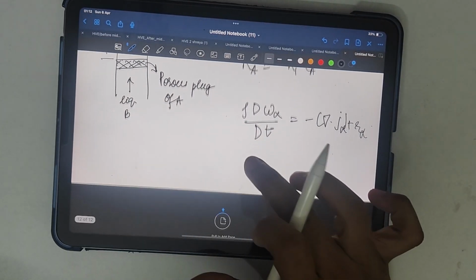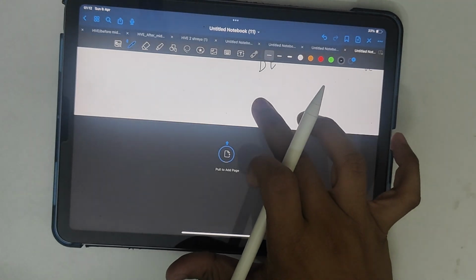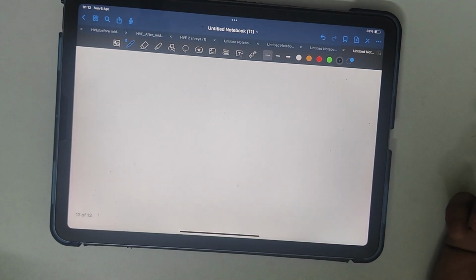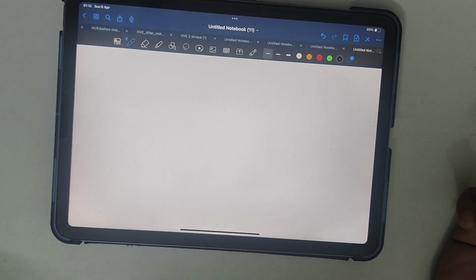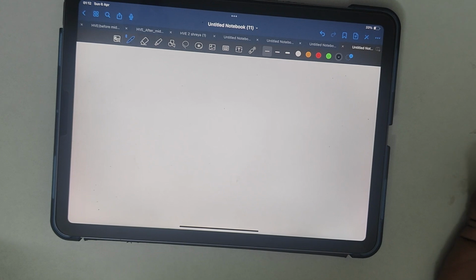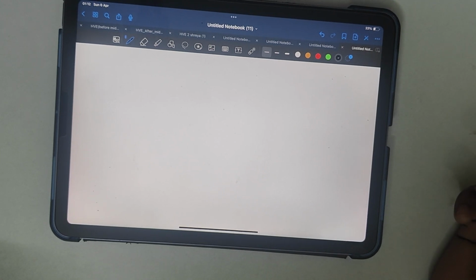Now we have three options. Either we can use Cartesian coordinates, that is x, y, z, cylindrical coordinates as r theta z, or spherical coordinates as r theta phi.